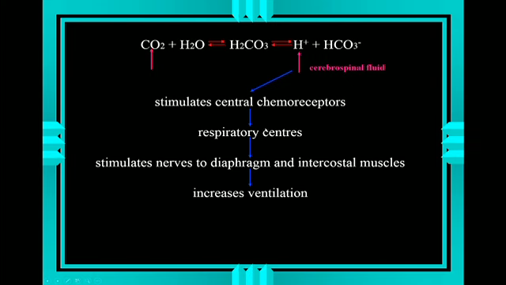As we learnt already, that will stimulate the respiratory centres. Therefore, it increases the activity going to your diaphragm and intercostals, which will increase your breathing or ventilation. Therefore, you're blowing off carbon dioxide, and therefore your balance is restored. Okay, so this is a constant monitoring. It's a constant cycle.